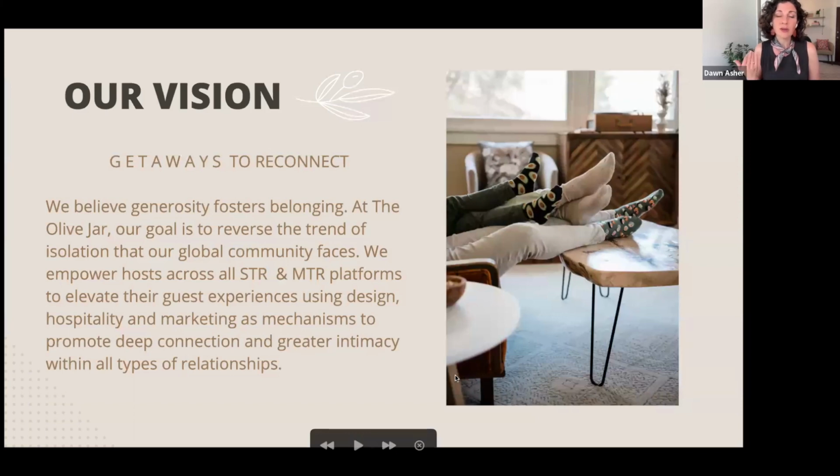We want to empower hosts to really elevate their guest experience using design, hospitality, and marketing as these mechanisms to promote deeper intimacy and greater connection within all types of relationships. So our core values are around connection to self, connection to each other, the land, the landscape, and then local communities. And those are our core values.